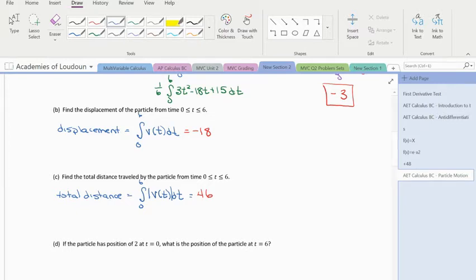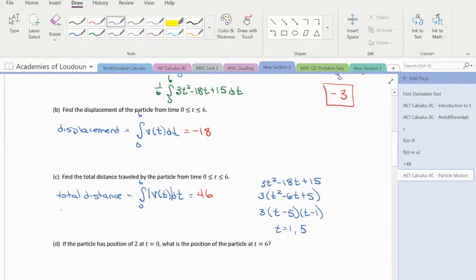So with that, we need to factor. So we know that we have the function 3t squared minus 18t plus 15. So 3 times t squared minus 6t plus 5. So we see that we have t minus 5 and t minus 1. So I know that at time t equals 1 and 5 is when my function switches.